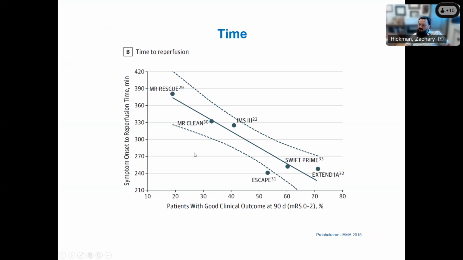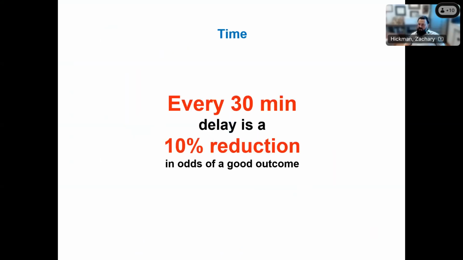And what's been shown is that if you plot out how patients did, the percentage of patients with a good clinical outcome at 90 days significantly increased the faster you were able to reperfuse them, which makes sense, right? The longer it takes for you to open up the blood vessel and reperfuse the brain, the more brain cells are going to have died during that period, and the worse the patient is likely to do. Every 30-minute delay to reperfusion is a 10% reduction in the odds of a good outcome.